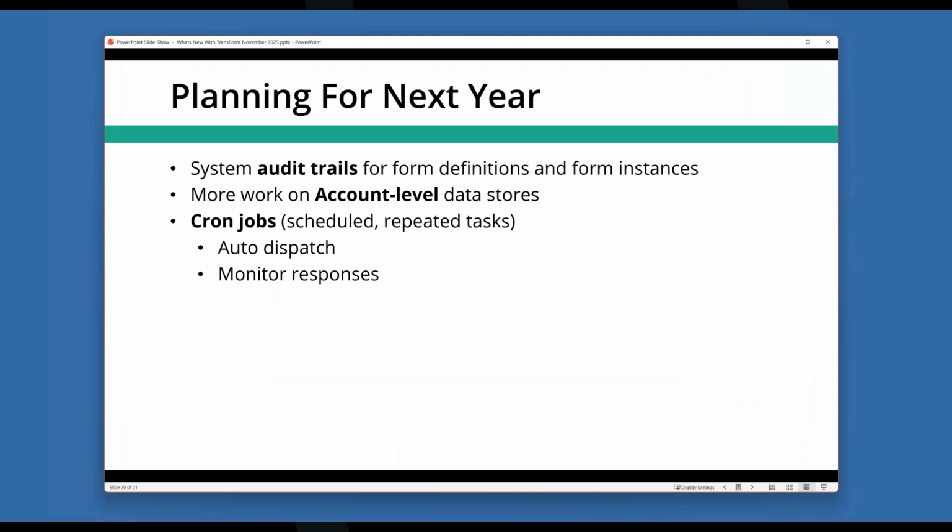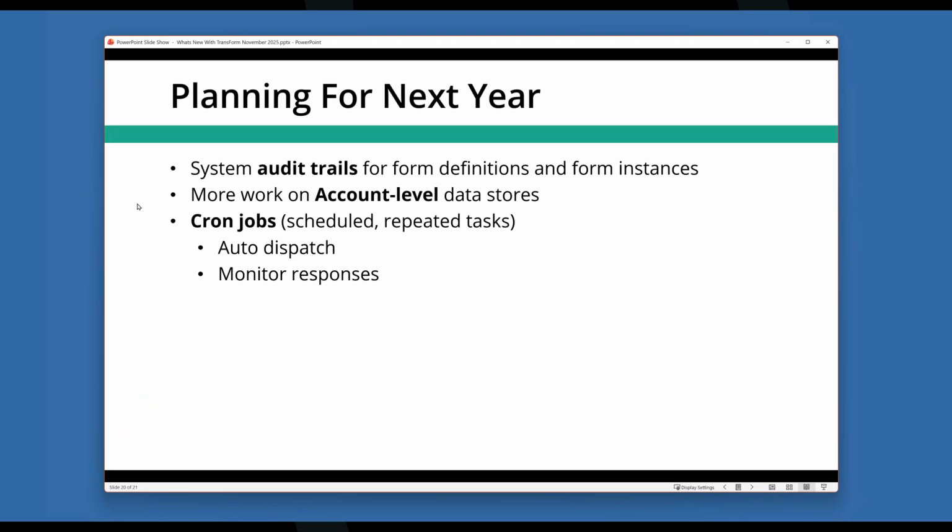Planning for next year. Well, we listen to customers and their needs, so we don't necessarily know all of the things we're going to be adding over the next year, but we do know some of them because we've already started them, and they're already in test or far into design.